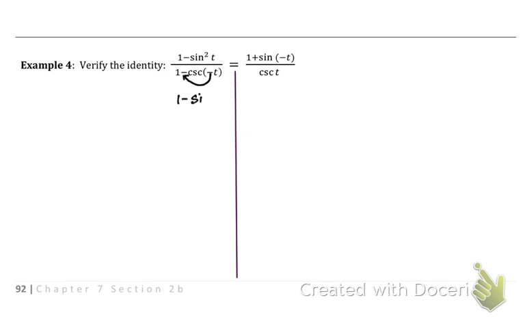So I have 1 minus sine squared t all over 1 plus cosecant t. For the other one, because sine, you bring it out front because that's odd and even. So this one's going to be 1 minus sine t over cosecant t.